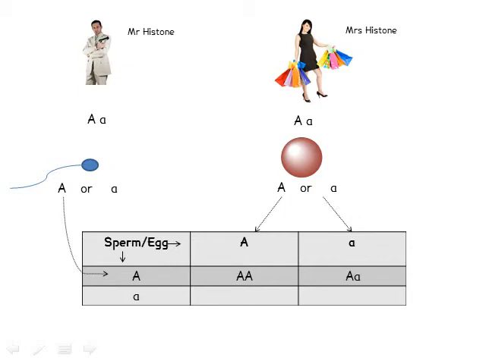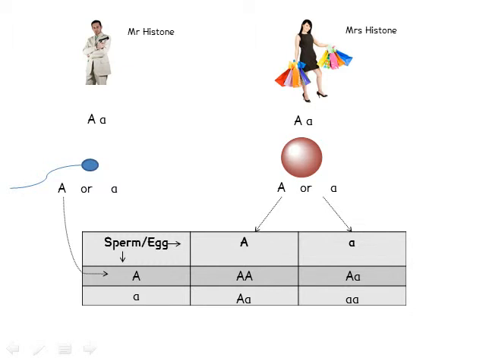If a big A sperm fertilizes a small a egg, you get a big A small a child. And again, if a small a sperm fertilizes a big A egg, again, big A small a. And then finally, a small a sperm could fertilize a small a egg, giving you small a small a.